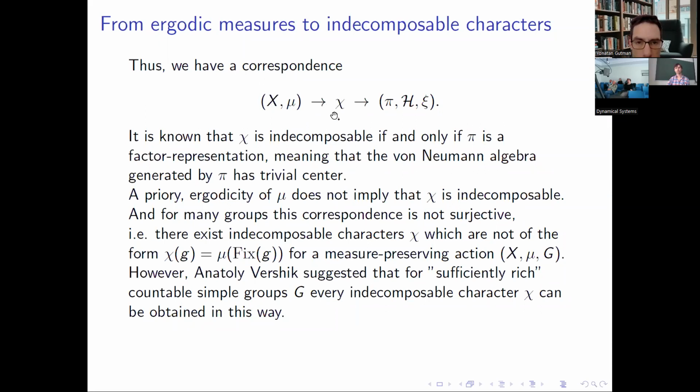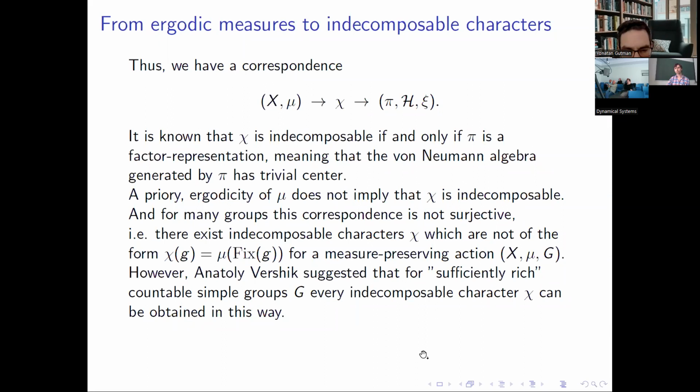It can be, for instance, by obvious reasons. For characters, it's possible to have complex values, non-real values, but this way produces only real-valued, positive-valued characters.